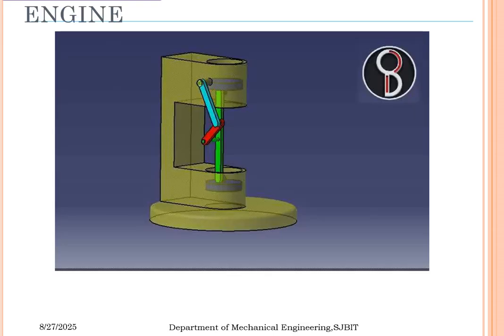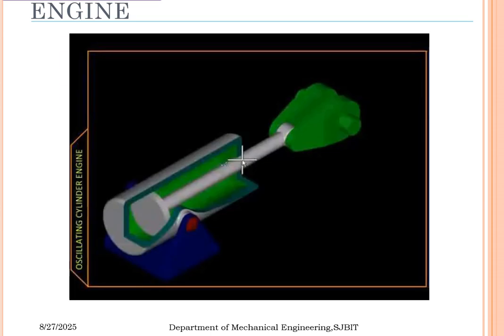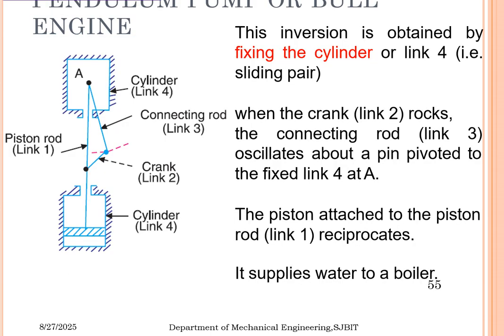Here it is shown as a 3D model, and here it is shown as a 2D diagram with the help of a sketch. This inversion is obtained by fixing the cylinder on both sides, that is on link 4. Both the cylinders are fixed.